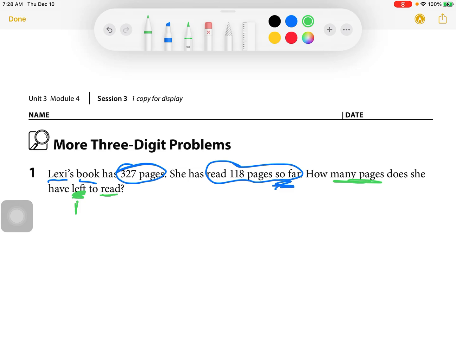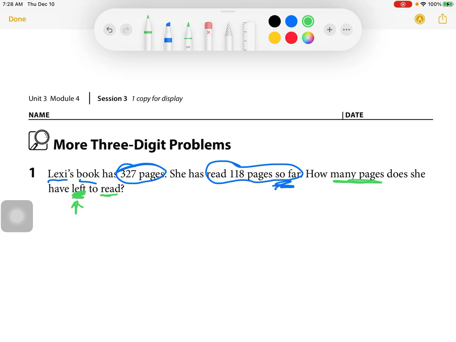That word left is really important because usually when we're talking about leftovers, we're trying to find out a difference or a distance between two numbers. So maybe pause the video for a quick second and see if you can come up with an equation or two with a variable for this story problem.